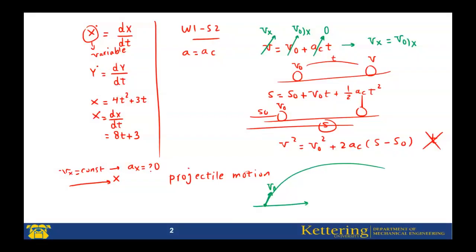If this one is along x, this one is along the y direction, and this angle with the horizontal direction is theta. If I ask you how much is the initial velocity along x, what is the velocity along the x direction?